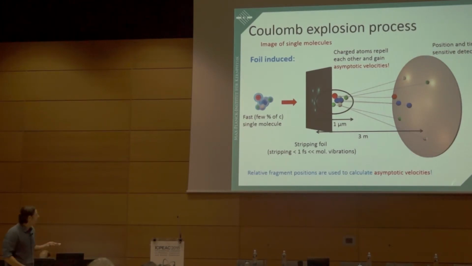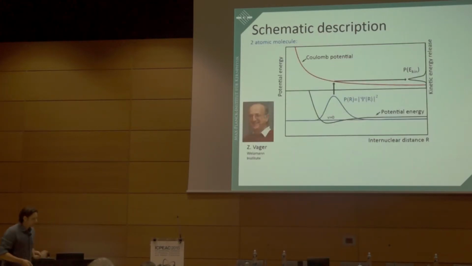A typical fragment distance here could be about 5 centimeters. From these relative fragment positions, we can calculate these asymptotic velocities, and by this get insight into the structure of the molecule. The technique was pioneered by Zeev Vager from the Weizmann Institute.